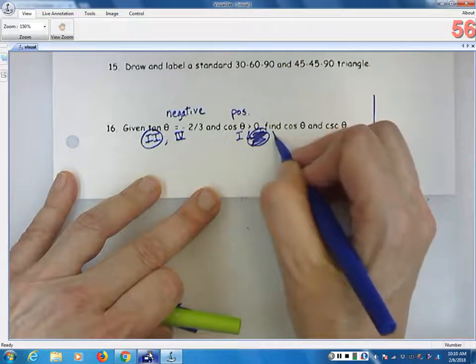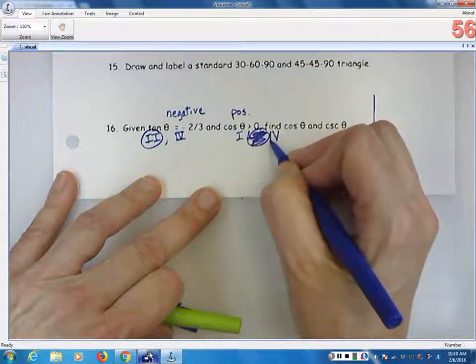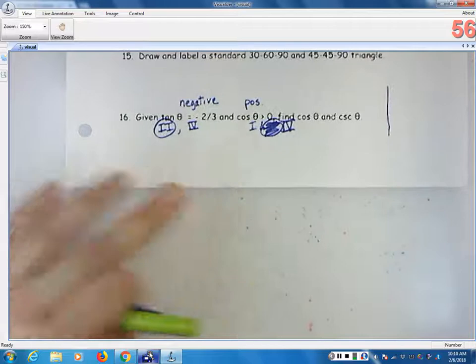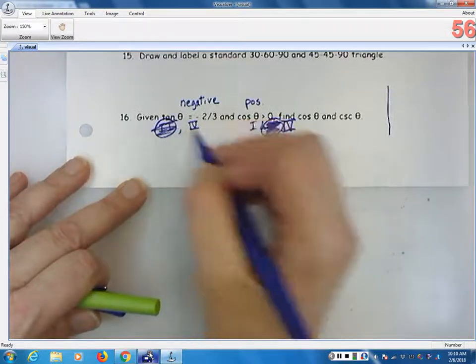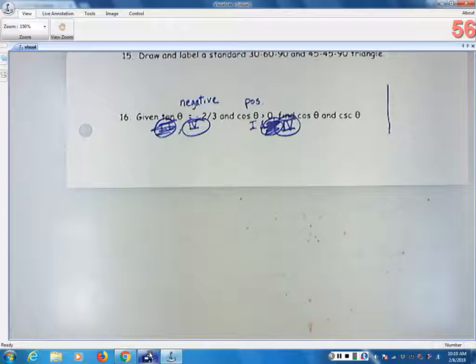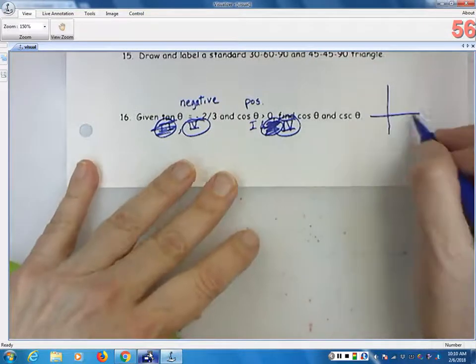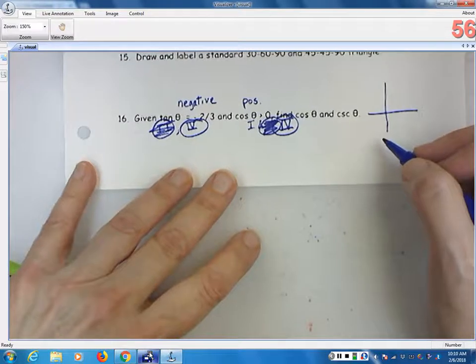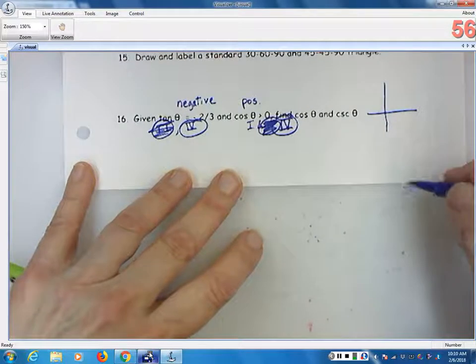Sorry, I should be looking at my answers. Quadrant 4.